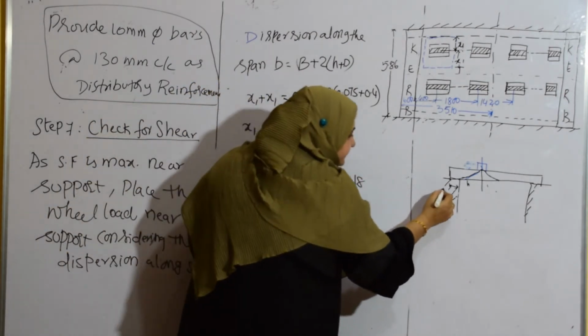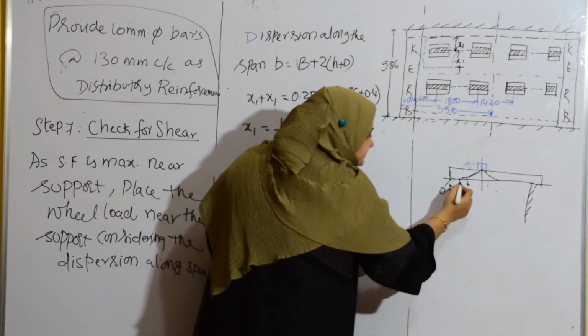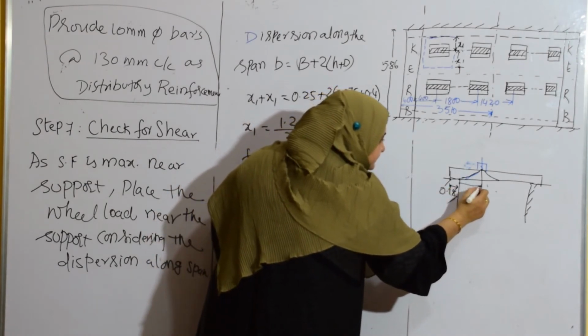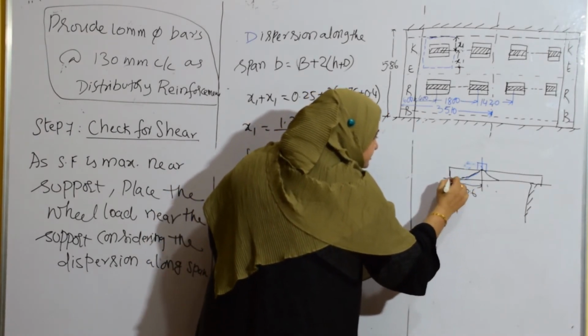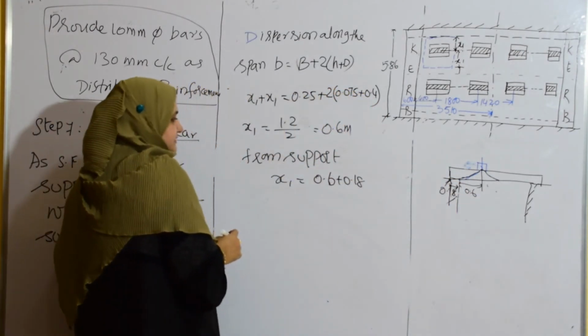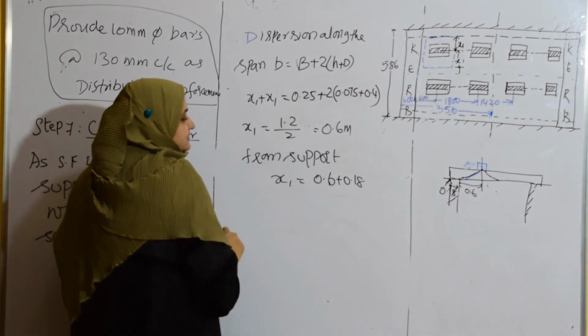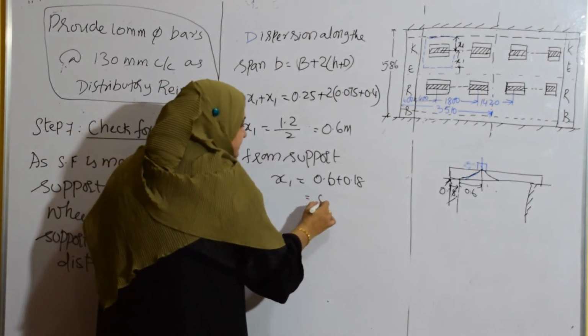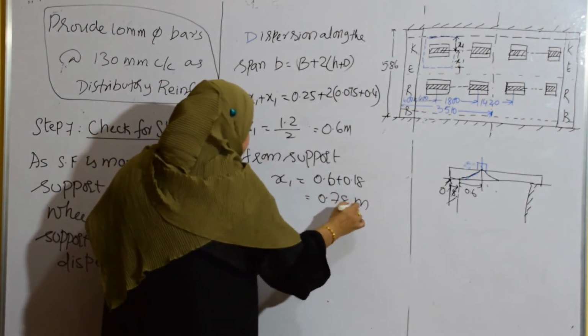This is 0.18, you will understand in the section. This dispersion is 0.6, and your support is here. So 0.6 plus 0.18, from the support the dispersion is 0.78 meters. Is that clear?